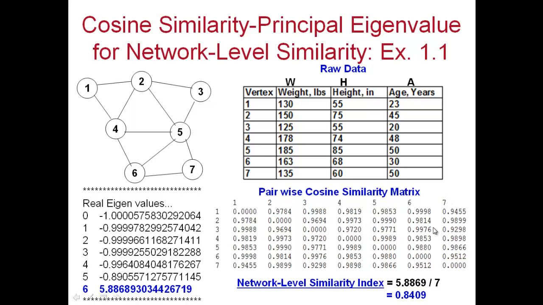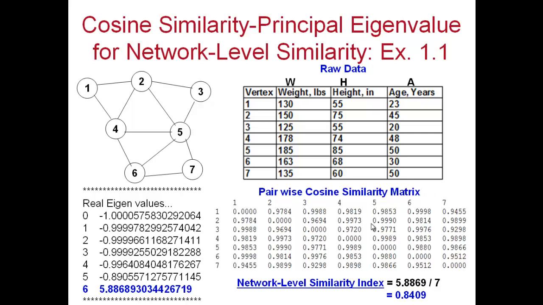So that's why we are using the pairwise Cosine similarity matrix as the basis to compute this eigenvalue and divide that by the number of vertices: if all the entries other than the diagonal are 1, that's the maximum level of similarity there can be between any two vertices, and the principal eigenvalue for such a matrix is going to be equal to the number of vertices.